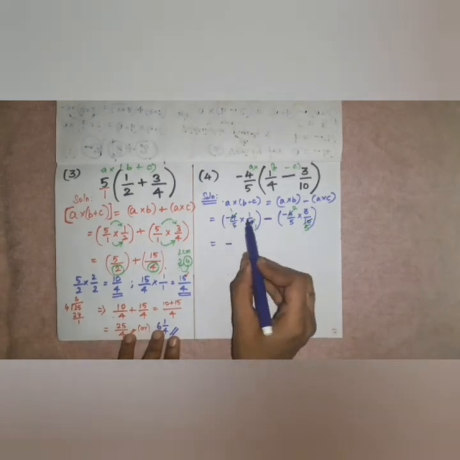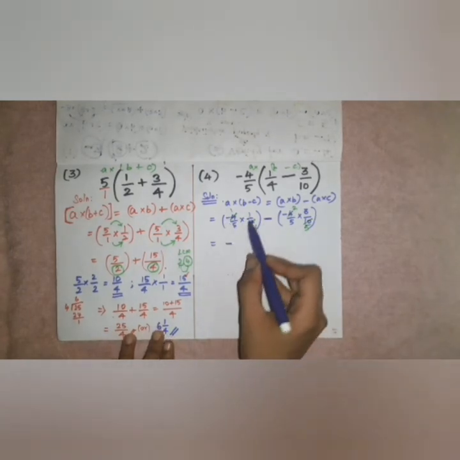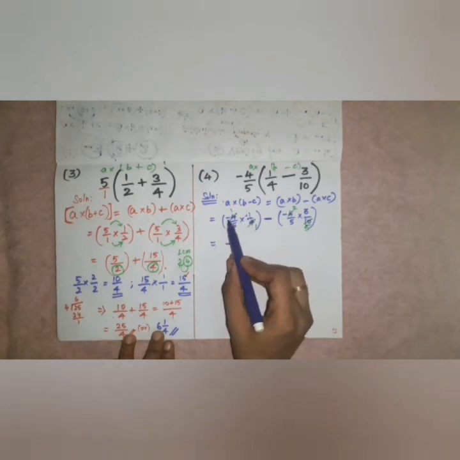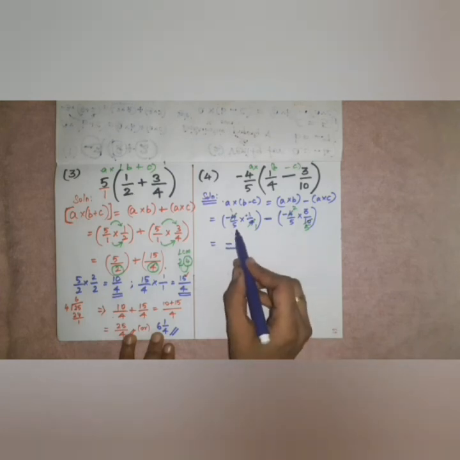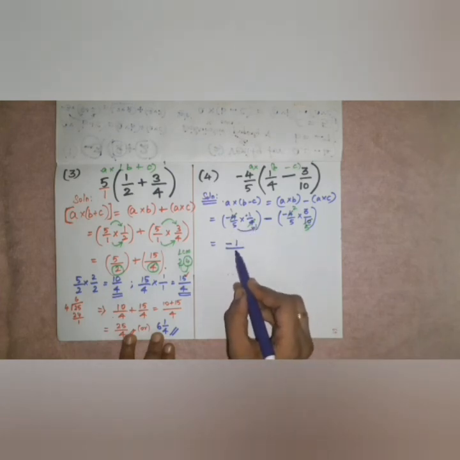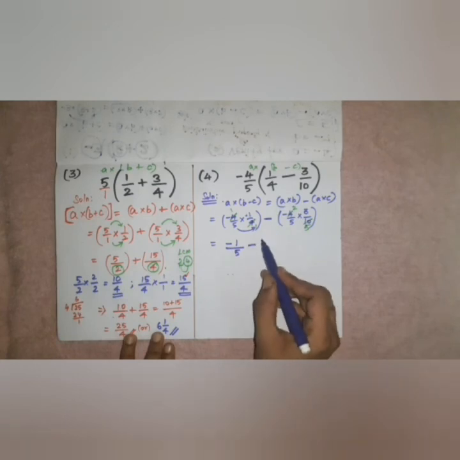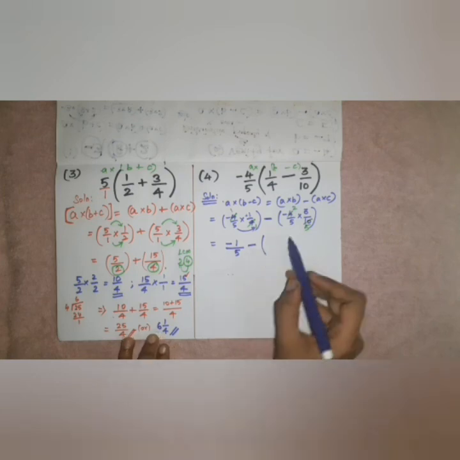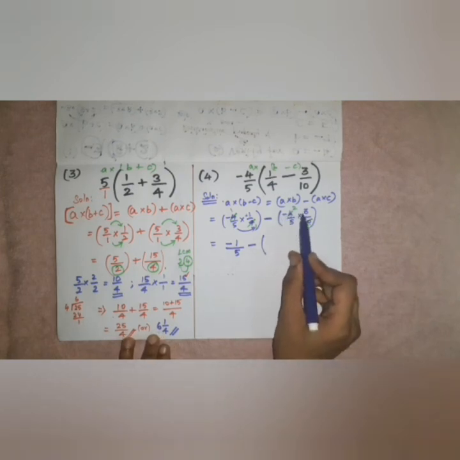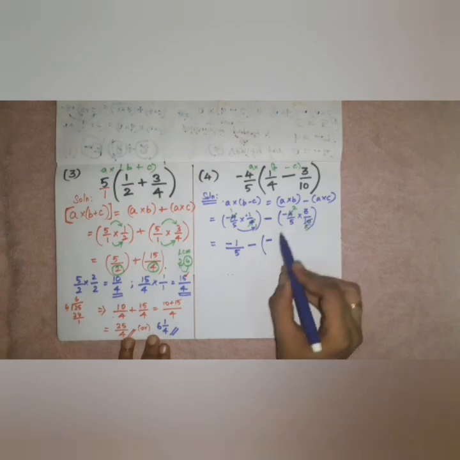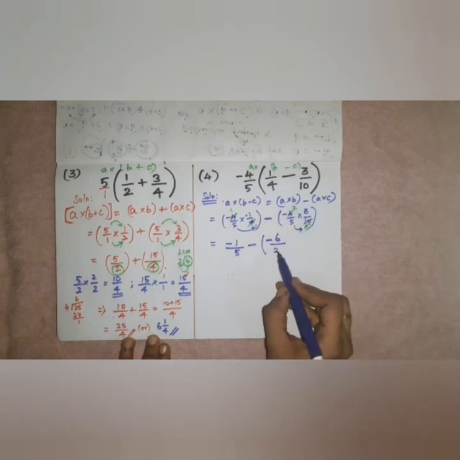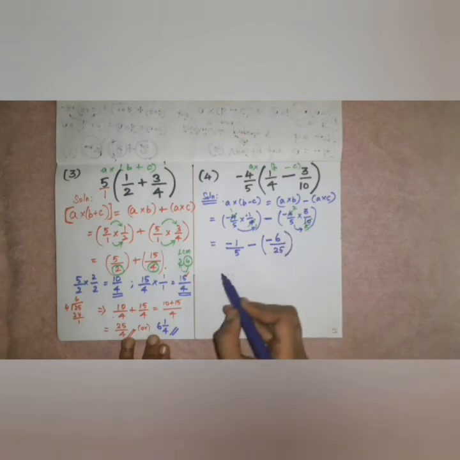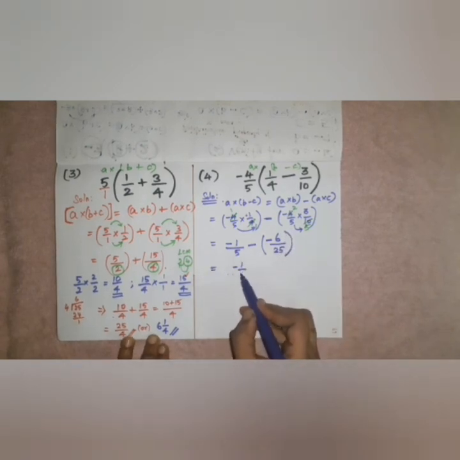Minus into plus is minus, 1 into 1 is 1. Down, 5 into 1 is 5. Then minus into plus minus, 2 into 3 is 6, down we have 5 into 5, which is 25. So minus 1 by 5.